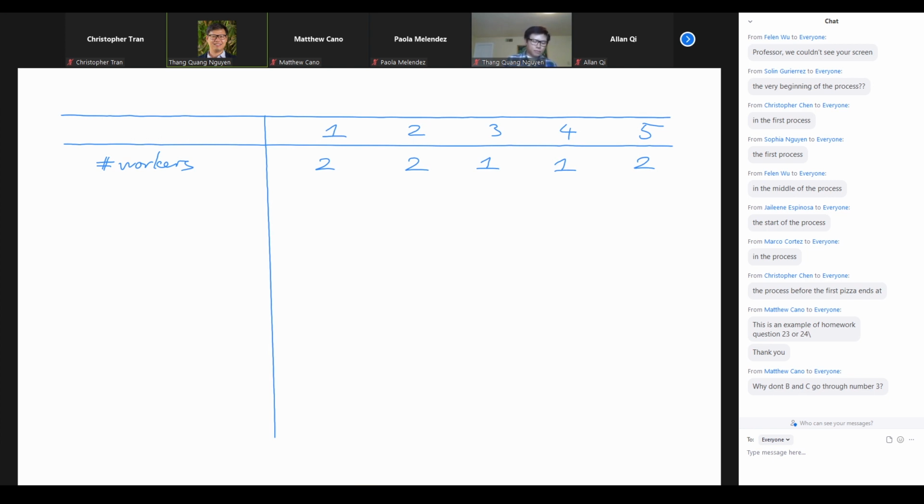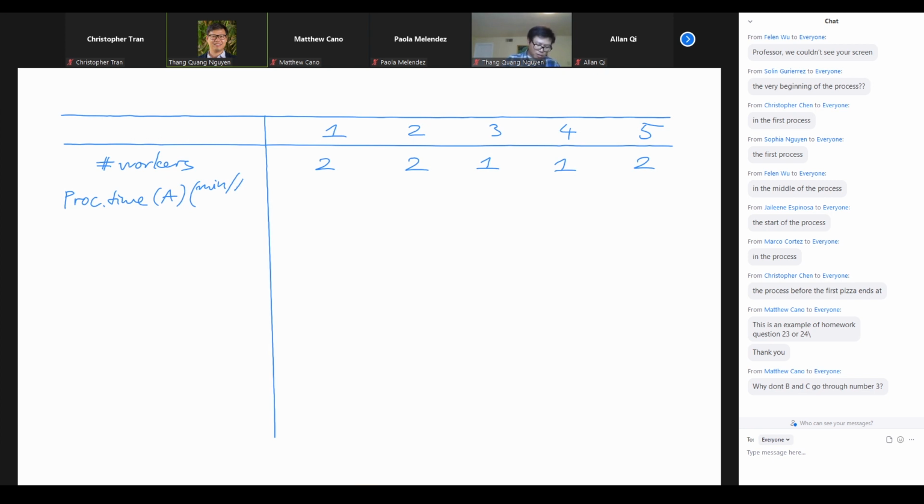Okay? And then they tell us the processing time. So processing time for the ice cream, right? So in terms of how many minutes per ice cream unit, and then per worker.